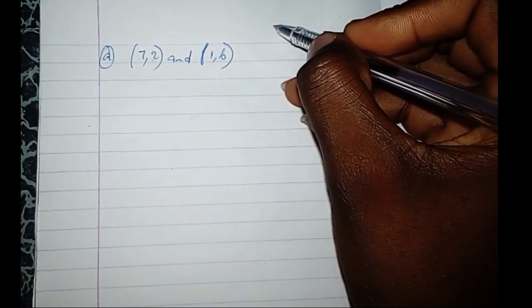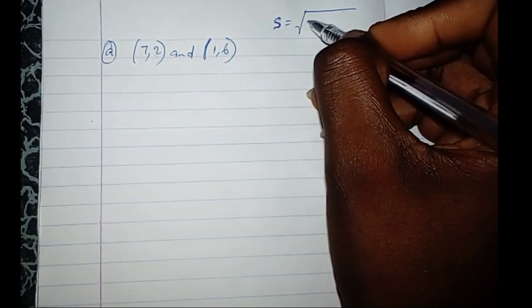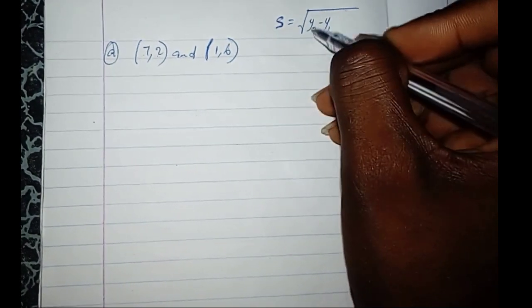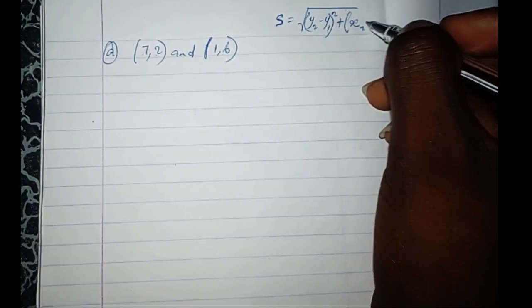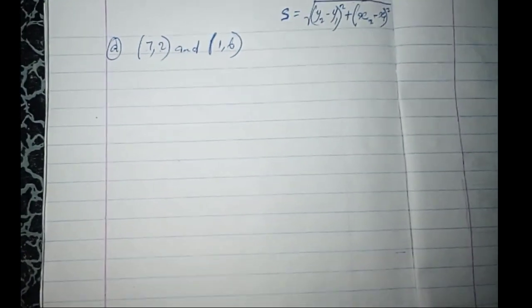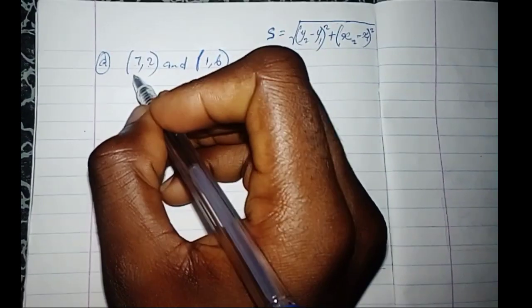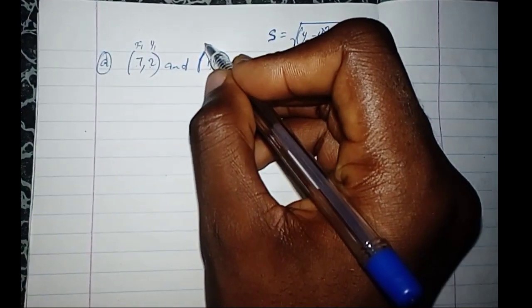We have to find the distance between these 2 points using the formula from the first explanation, where the distance s is equal to the square root of y2 minus y1 squared plus x2 minus x1 squared, all of these in a square root. Using that, this is x1 and this is y1, this is x2 and this is y2. Have that in mind.